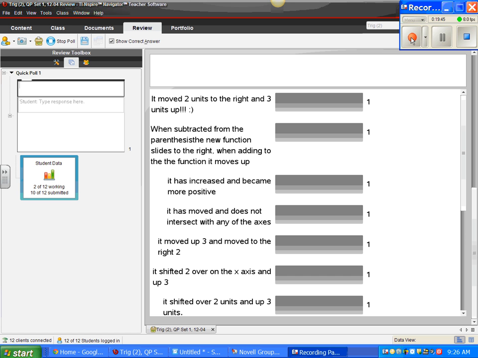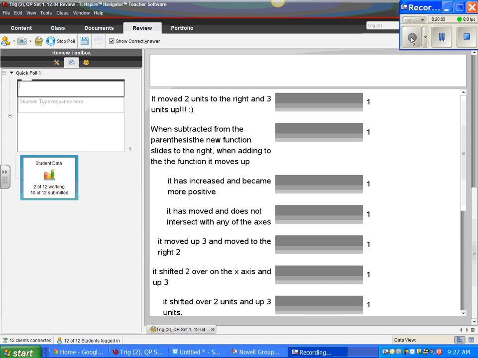It's moved 2 units to the right and 3 units up. That's very good. We could say it's translated horizontally 2 units to the right and vertically 3 units up. When subtracted inside the parentheses, the new function slides to the right. When adding to the function, it moves up. Great, excellent.